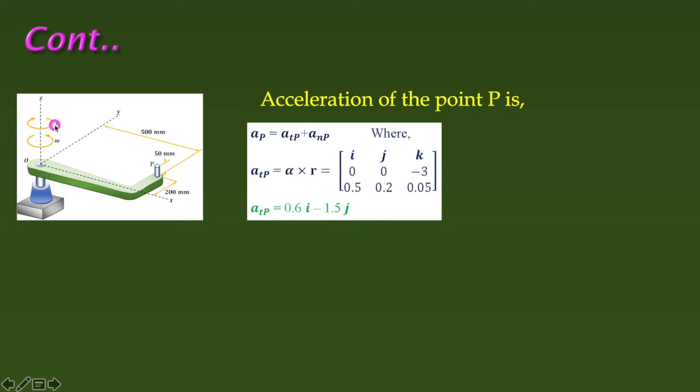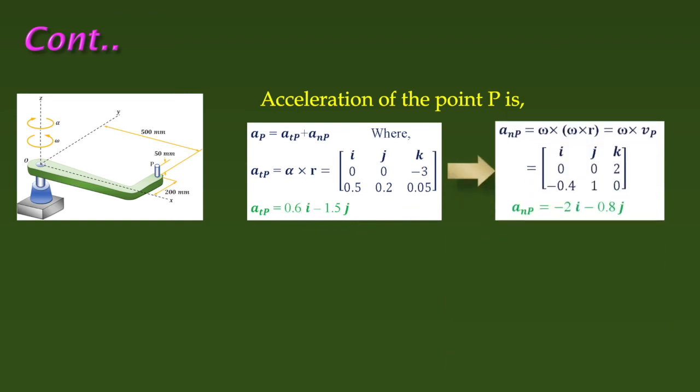As it is opposite to omega, it is minus, and the magnitude is given as 3. So minus 3k indicates 0i plus 0j minus 3k. And the position vector is the same. So solving this, we get ATP equals 0.6i minus 1.5j. So this is the tangential component.